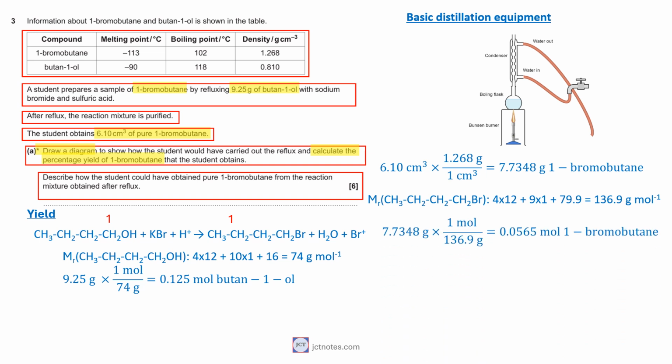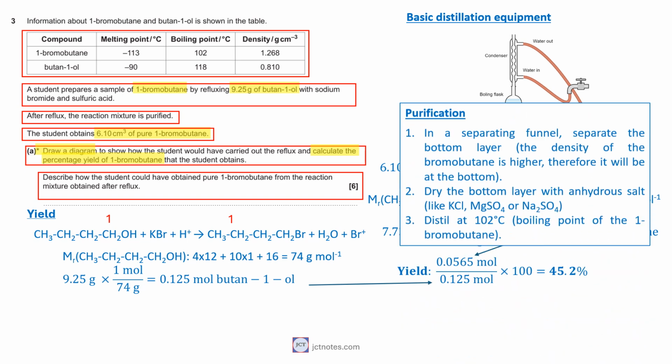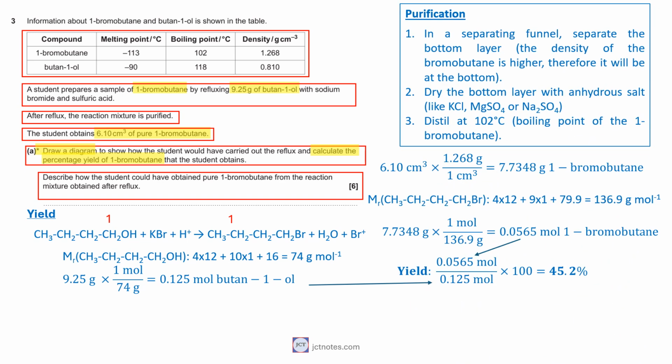If we divide the mass by the molecular mass, we get 0.0565 moles of 1-bromobutane. With the number of moles of butan-1-ol and 1-bromobutane, we can find that the yield is 45.2%.